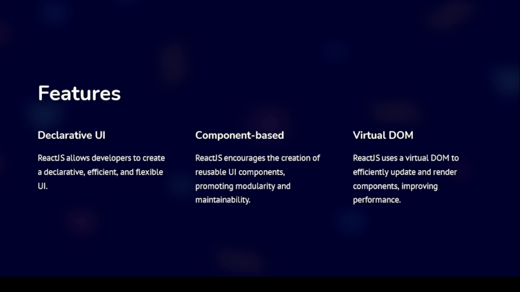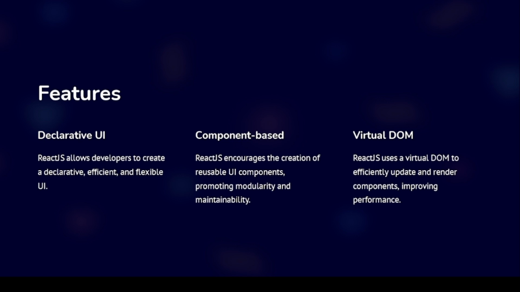React.js uses a virtual DOM for efficiently updating and rendering the components. Now first understand what is a virtual DOM. It's nothing but a lightweight copy of the real DOM that allows React to manage changes more efficiently. So when a component's state changes, React will create a new virtual DOM tree and will compare it with the real DOM.